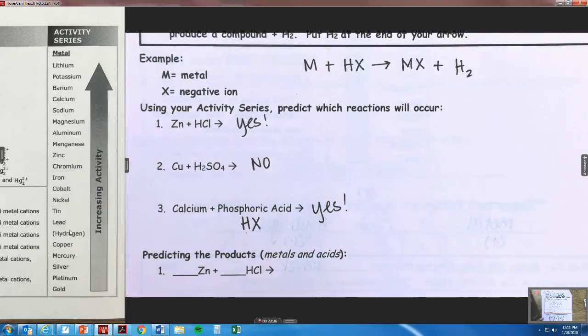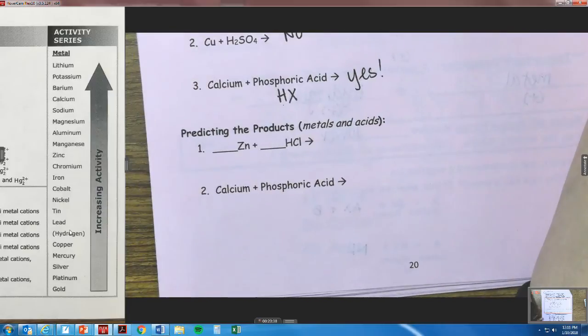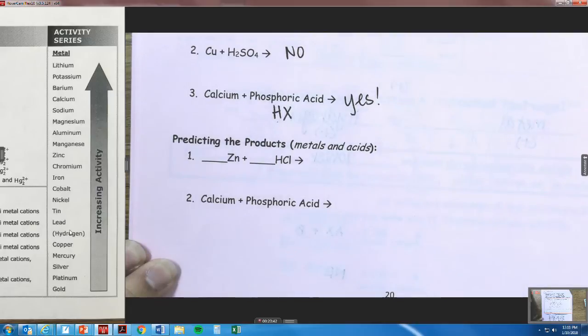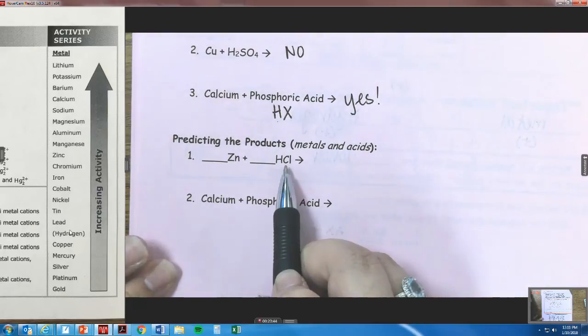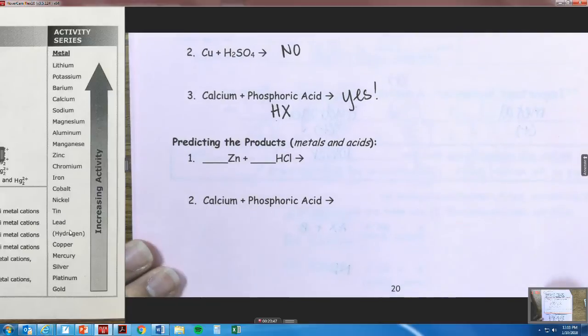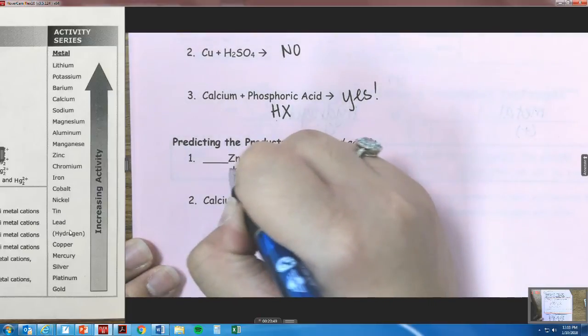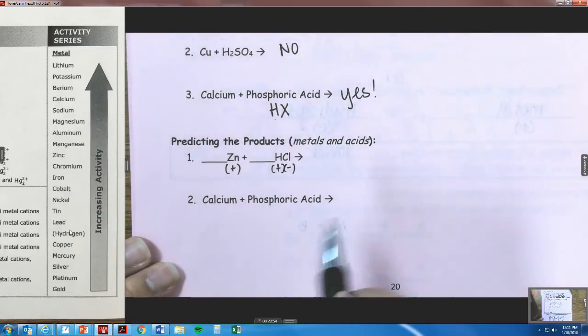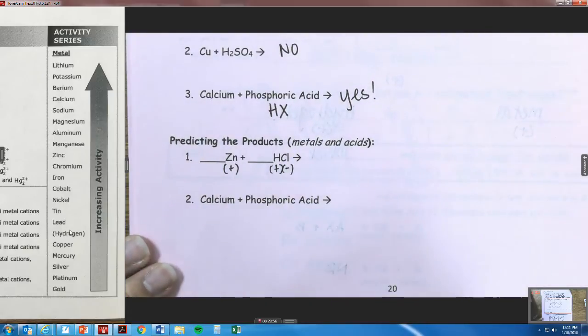And then lastly, predicting our products for metals and acid. Remember, if you don't know what an acid is, just think about your charges. Zinc is positive, hydrogen is positive, and chlorine is negative. So which one is going to switch with which?